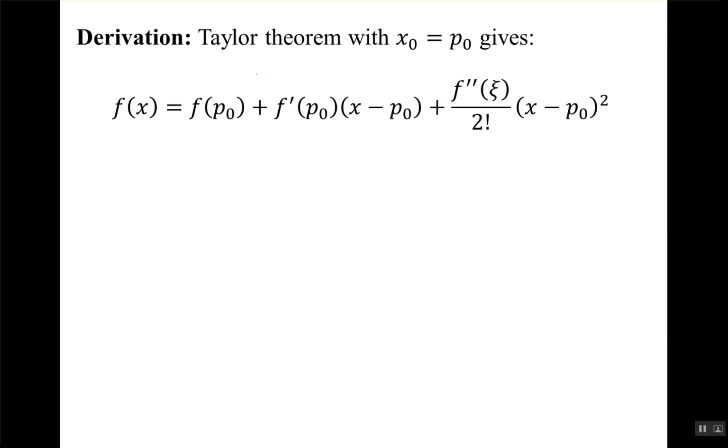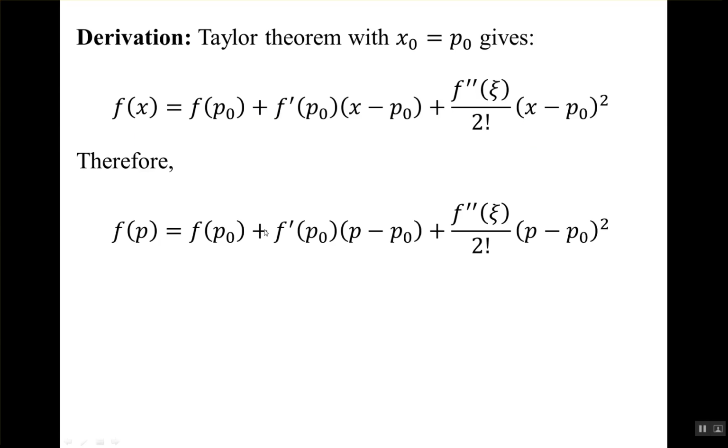Because we assume p is our root, plug in p for x, and with the substitution we have this new expression. Because f of p is 0, this becomes 0.